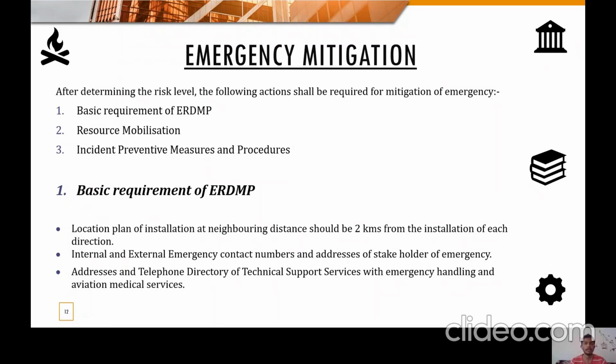It means that if there is any kind of emergency at a city gate station, there should be an entry and exit gate, and the location plan of the installation and the neighboring district within 2 kilometers in the same direction, and the internal and external emergency contact numbers should be there at a city gate station. If there is any emergency, we can directly contact the police and firemen.